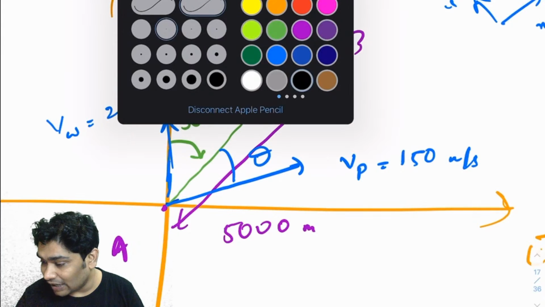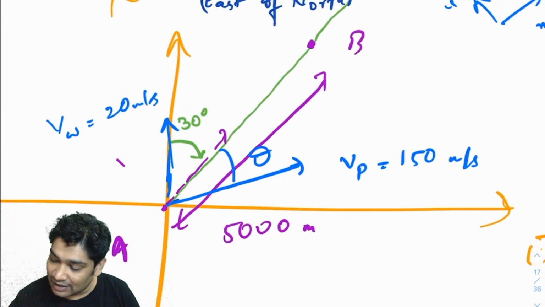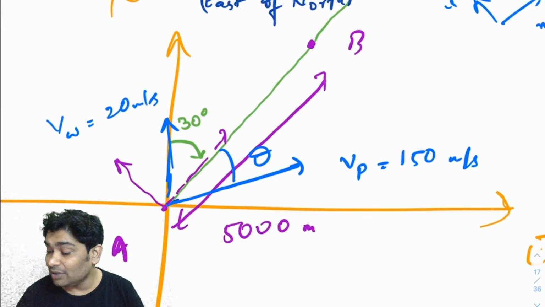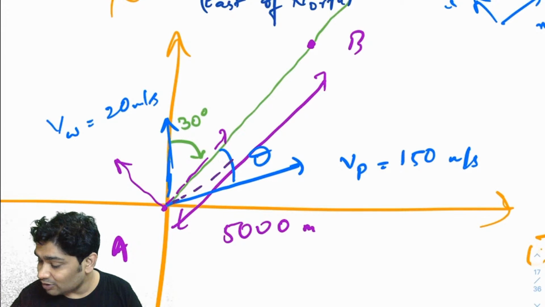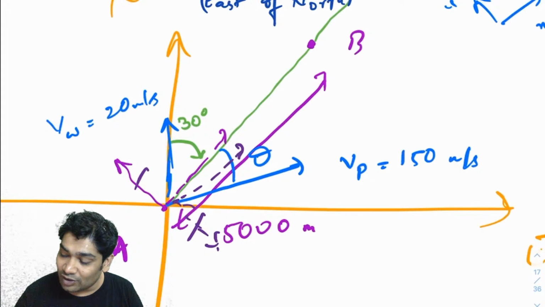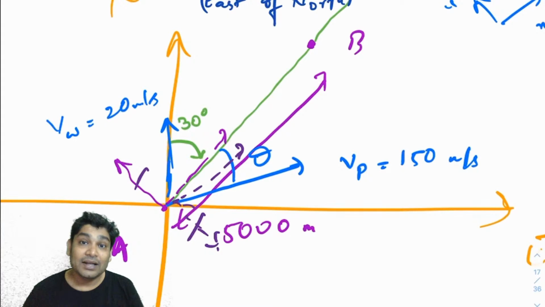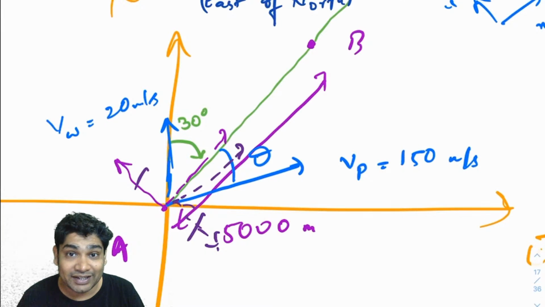Okay, so let's do that. So I can have this component of this and I can have this component of this. Similarly, for the plane velocity, I can have this component and this component. If these two components get cancelled, then the net velocity of the plane would be in the direction AB and it will end up moving in the AB direction. That is all I needed to do.